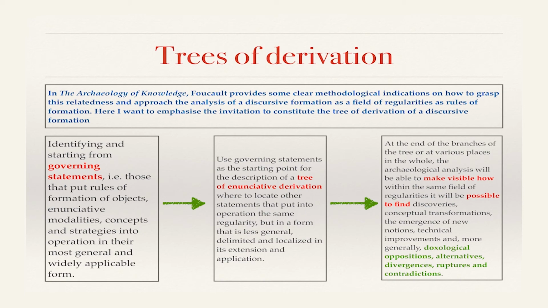Then it is possible to identify these governing statements as the starting point of a tree of derivation, where it is possible to identify procedures of transcription, translation, and rewriting of those rules at a more specific level, from the general and widely applicable form to the specific form.